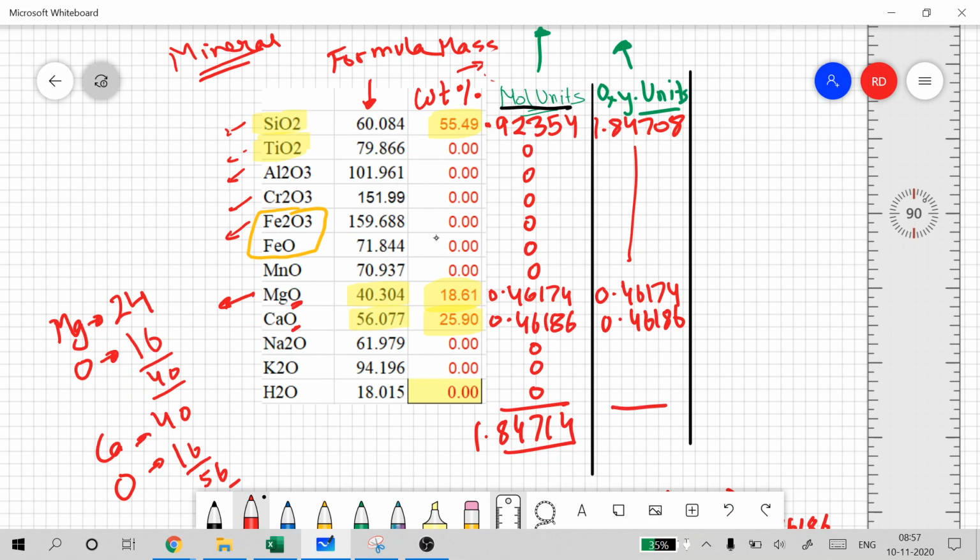So if you add them up, what will be the answer? 2.77068. Okay, so this is the answer that you'll get if you add them all up.